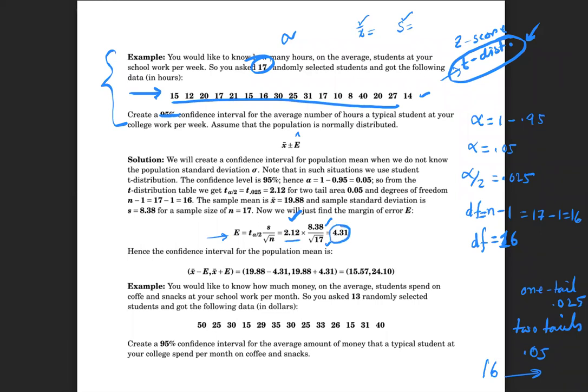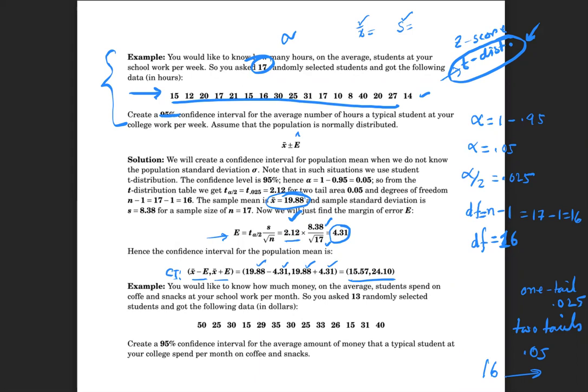So your confidence interval is going to be X bar minus E, X bar plus E. X bar is 19.88, which I calculated, minus 4.31, and 19.88 plus 4.31. That gives you a confidence interval of 15.57 to 24.10.